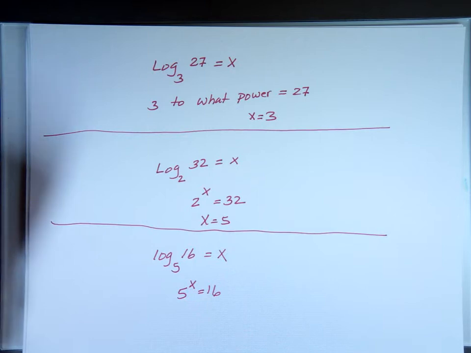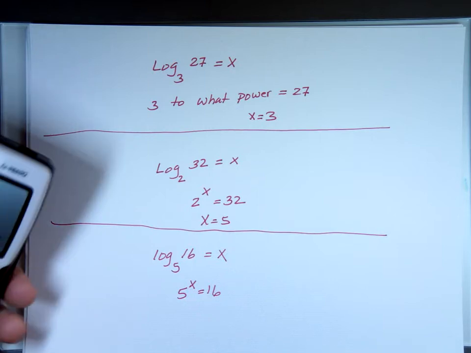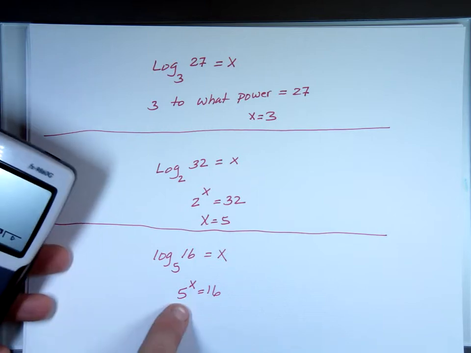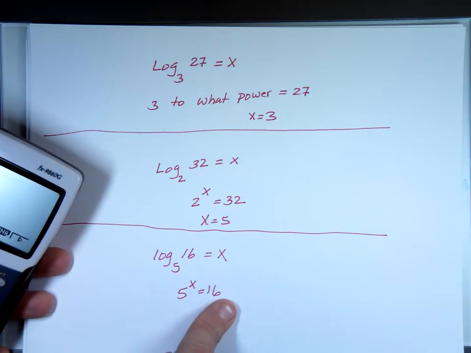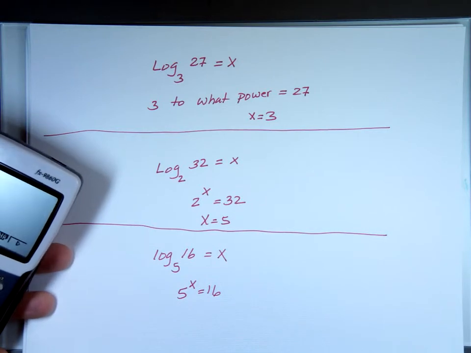Is it negative? No. It can't be, because it's more than 1. 5 squared is 25, 5 to the 1 is 5. It's between 5 and 25.